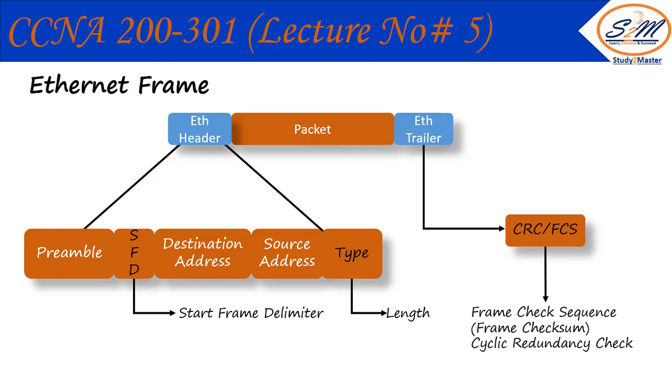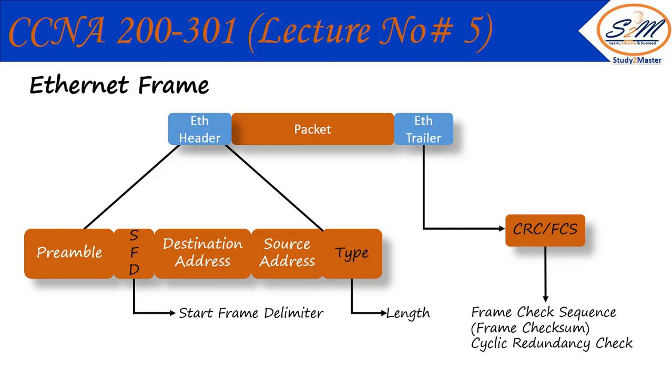The preamble and SFD are used to provide synchronization between the source and destination computers. The preamble is 7 bytes, which is a 56-bit field. The SFD is 1 byte. Sometimes they are combined together.